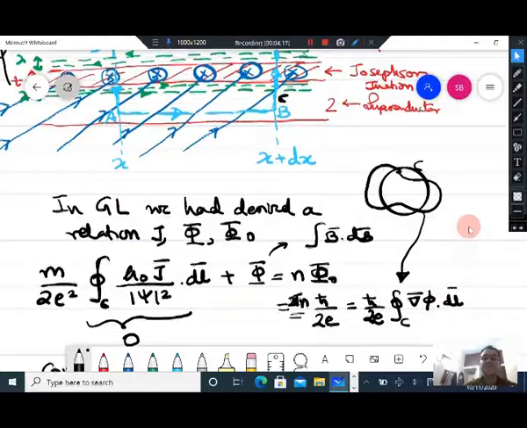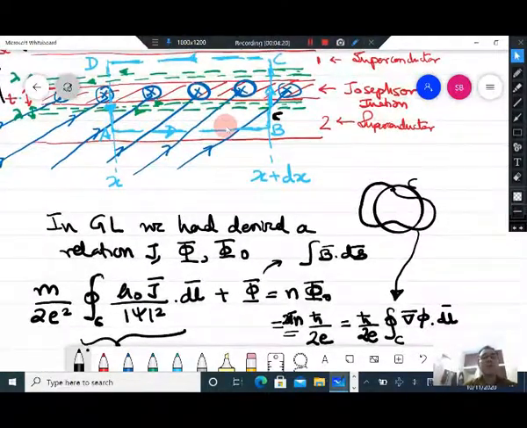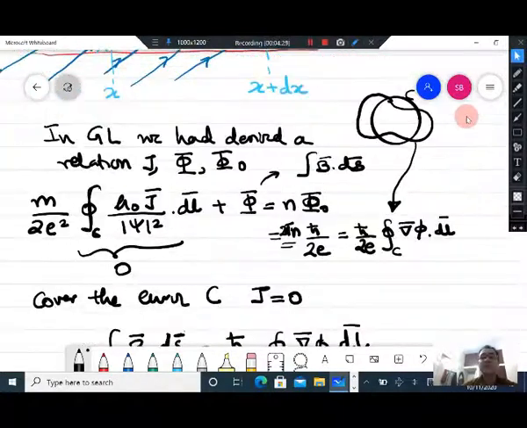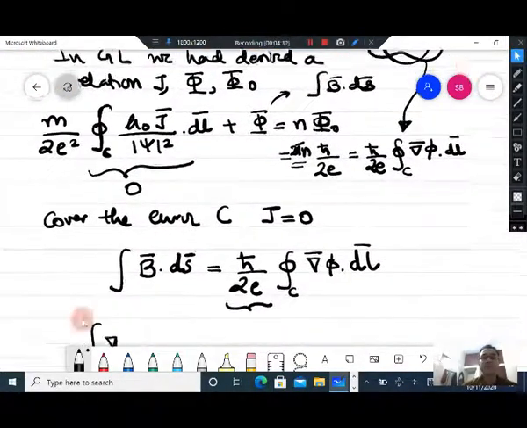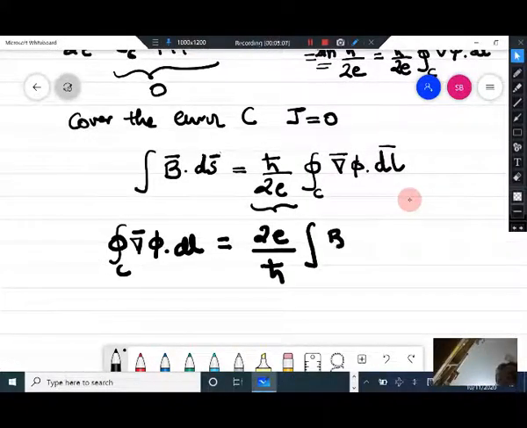Now over the curve C, j is equal to 0. So over this blue curve C that we have drawn, there are no currents because you are taking the curve far away from the junction region. So now this can be written further as the integral of B bar dot dS bar.